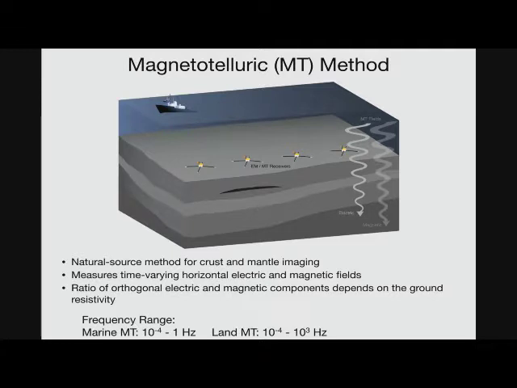And so this gives you a huge range of depth sensitivity from the near surface down to the deep crust and mantle. We measure these time-varying horizontal electric and magnetic fields at the surface, and basically the ratio of orthogonal components, so perpendicular components of the electric and magnetic field, is going to be proportional to the ground conductivity.